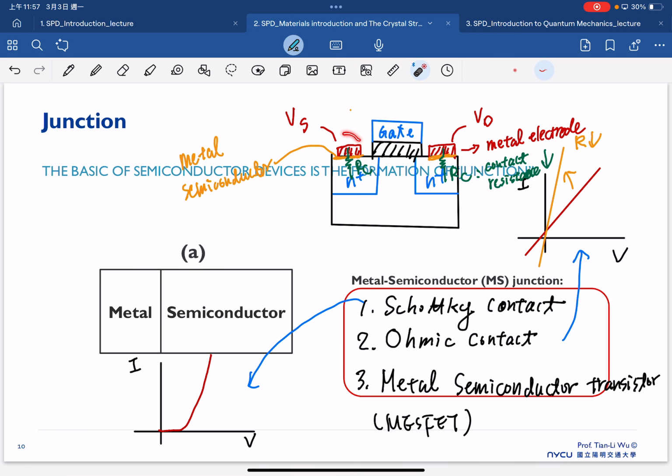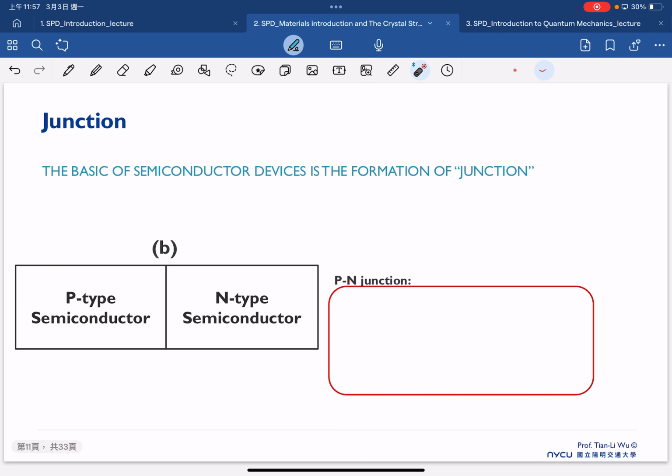We have the MS junction here. And later we will also talk about this place. Once we finish all these small pieces and combine them together, that's a MOSFET. Okay, so next is the junction between the P type and N type.